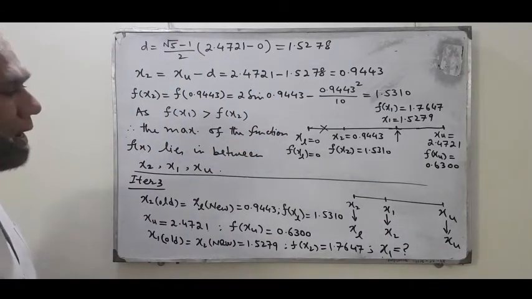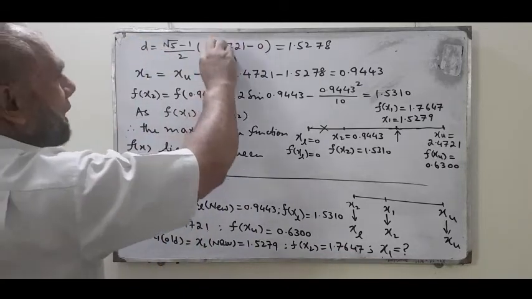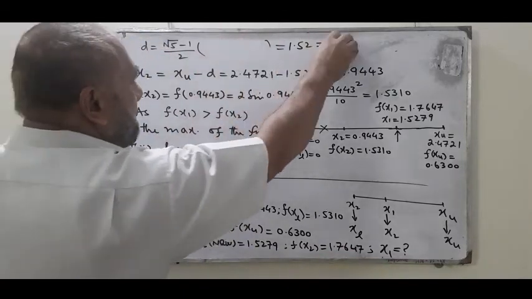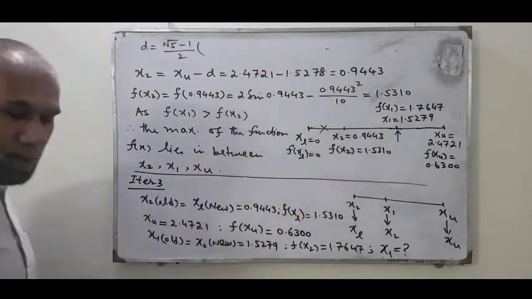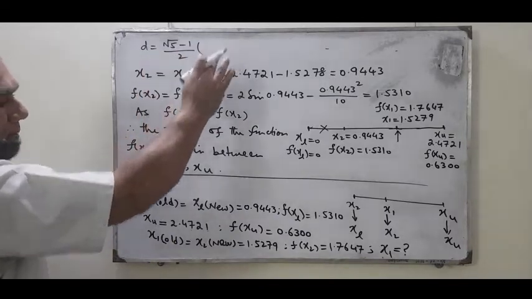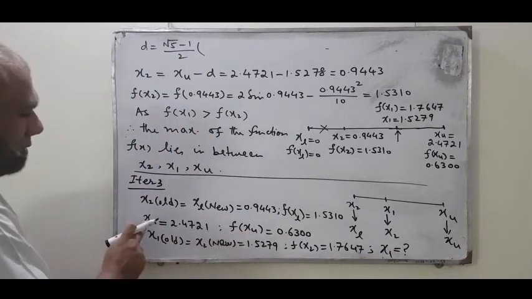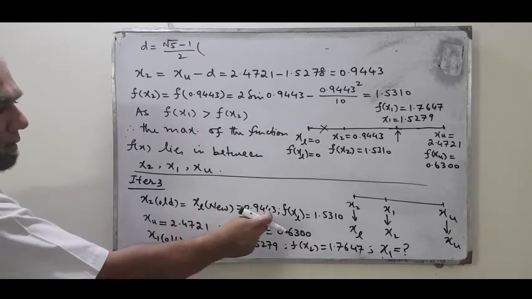Now to calculate x1, we have to once again recalculate the value of d. The value of d will now be obtained by using the same format, the golden ratio times the length of the interval. The length of the interval is the upper limit minus the lower limit.